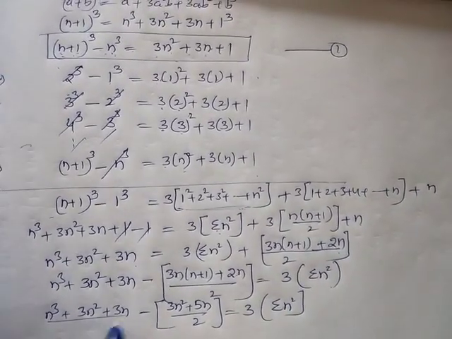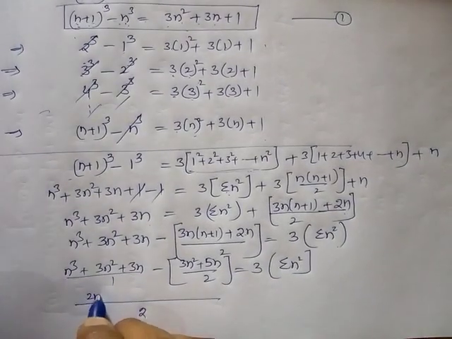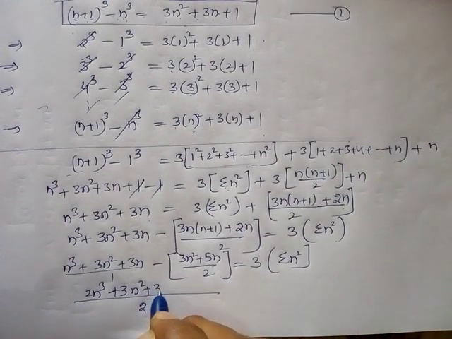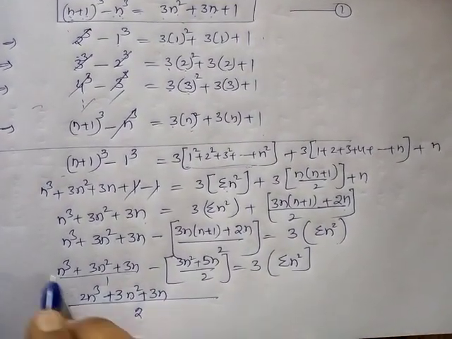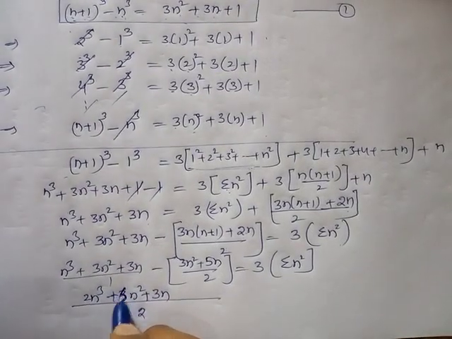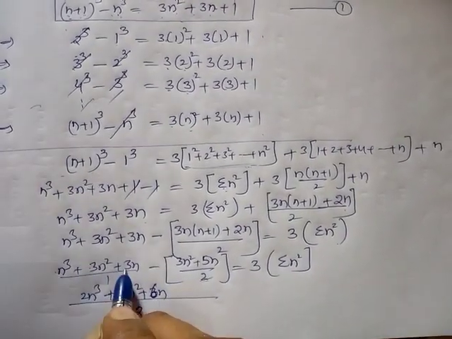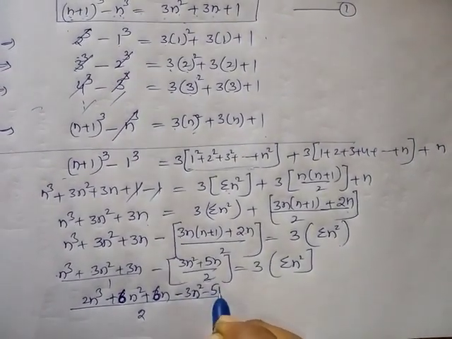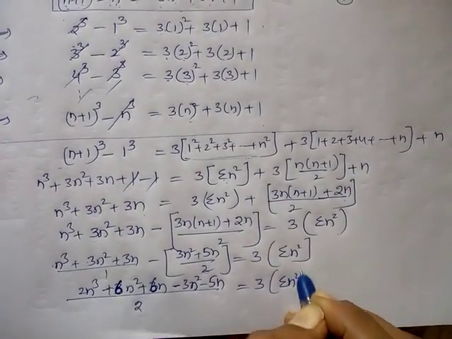So here take LCM, LCM is 2: 2n cube plus 6n square plus 6n, 2 threes are 6, 6n minus 3n square minus 5n is equal to 3 of sigma n square.